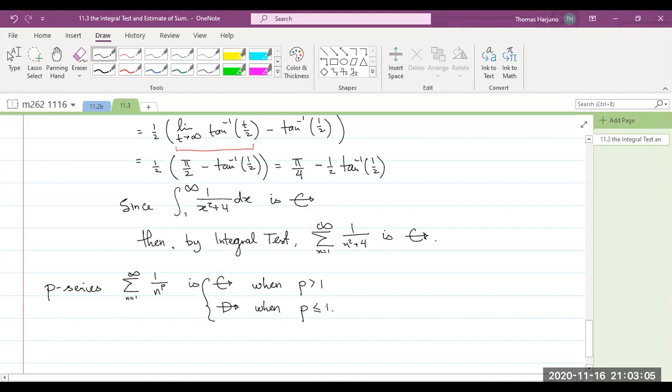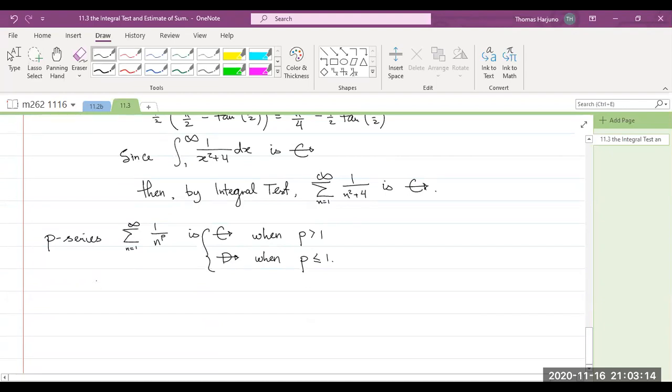So if you happen to see a P series, you just need to see what's the exponent in the denominator. Okay, proof. You can say this is the P series test. We just call it the P series.